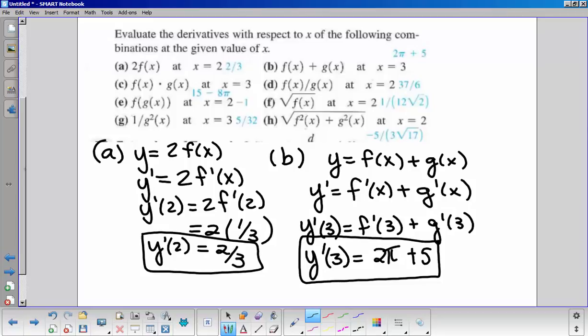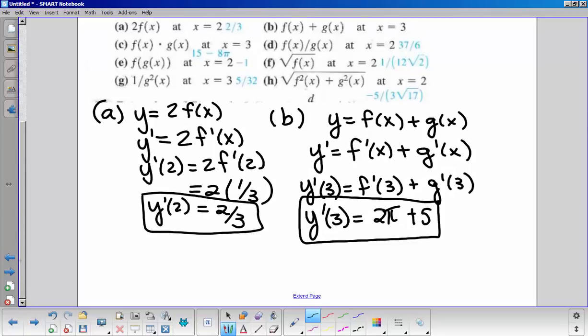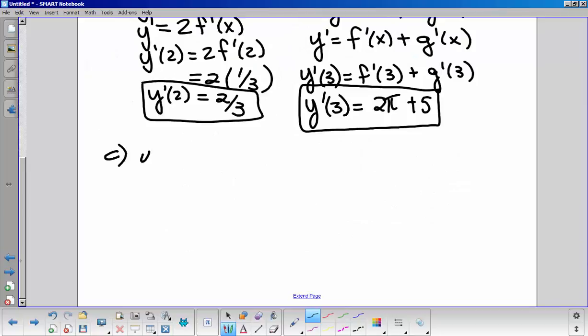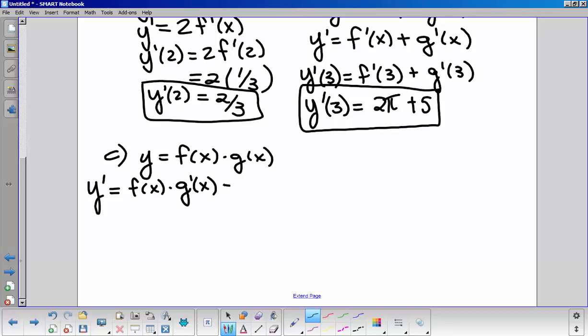Part C is, let's say y equals f of x times g of x. What rule must I use here? Product rule. Good. So y prime is f of x times g prime of x plus g of x times f prime of x.